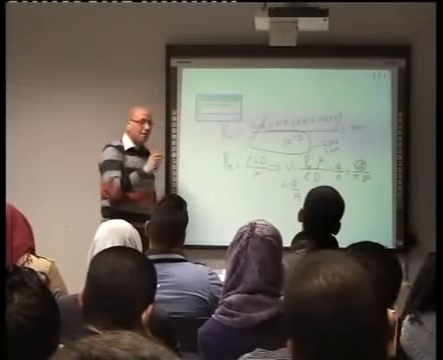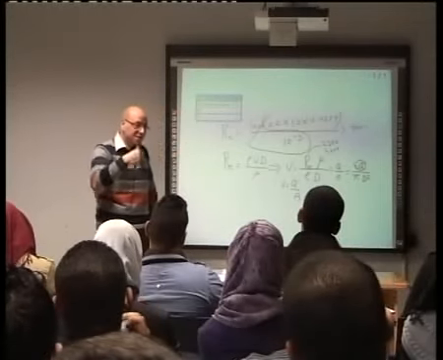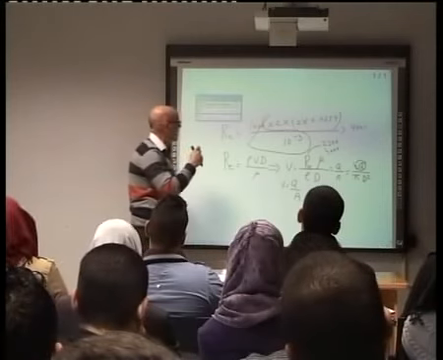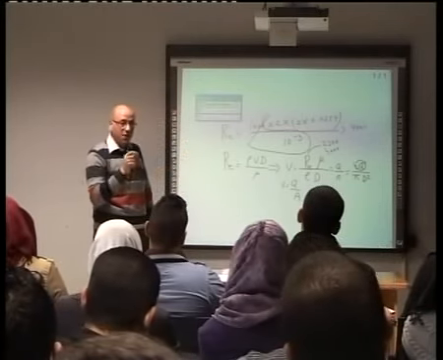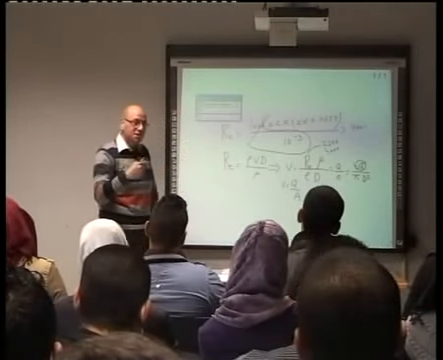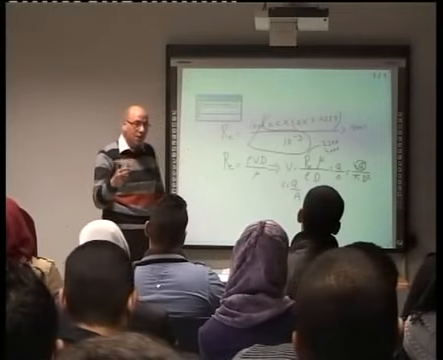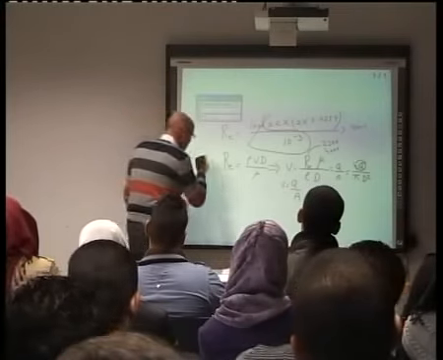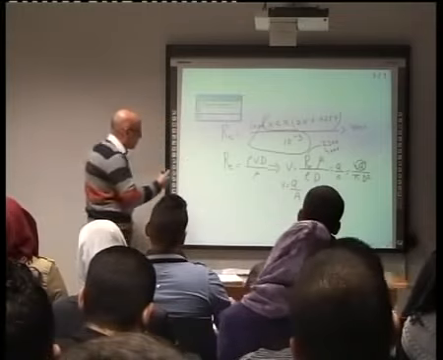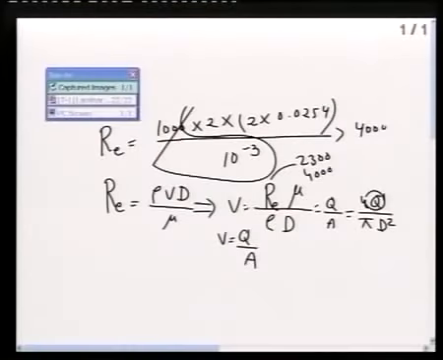So the idea here, Reynolds number will help us later on to verify. Verify means to help us in selecting the right equation to use, because when we come later on, for example, to evaluating the head loss, there are three types or three situations, and this is very important to keep in mind.